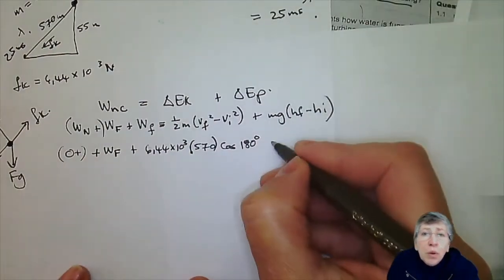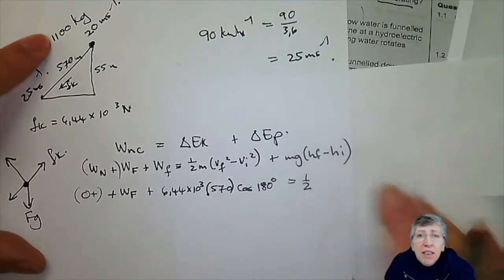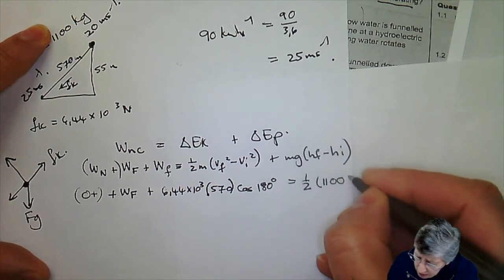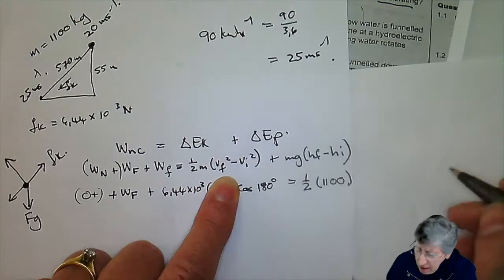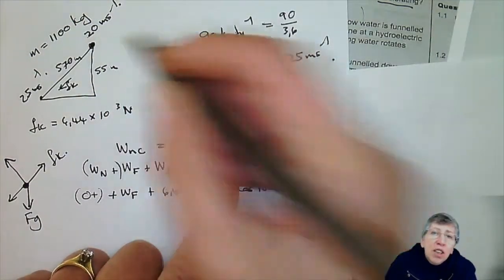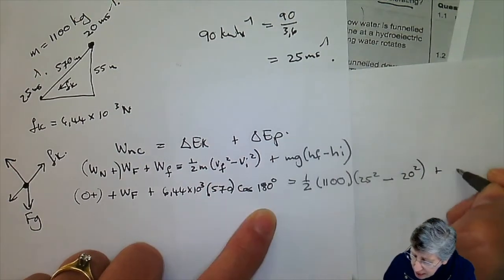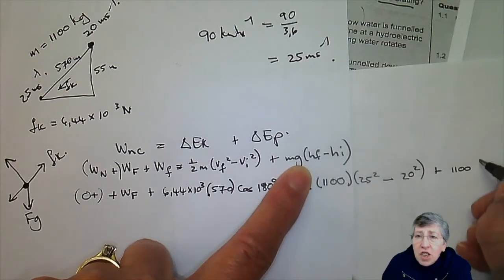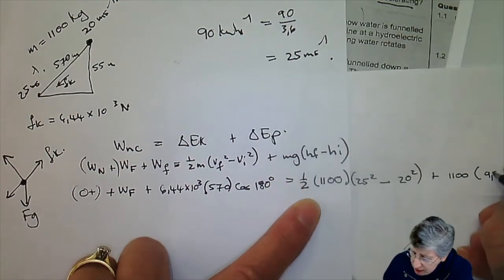And that will be equal to, and now we're starting to substitute the right-hand side, half mass. Now they've given us this new mass, 1100, and the final velocity, that was 25 squared, minus the initial velocity, that was 20 squared, plus mass 1100 times g. I'm working with energy, so it's not plus or minus, it is just 9,8.